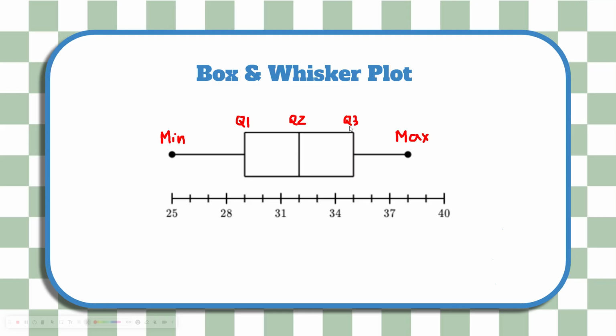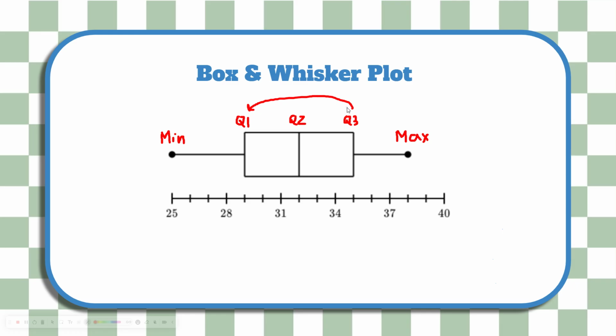So the middle of the upper half would be 35. So it pretty much just gives you a nice overall summary of the data. And you don't even need to see all the numbers in the data, you just see the most important 5 numbers.